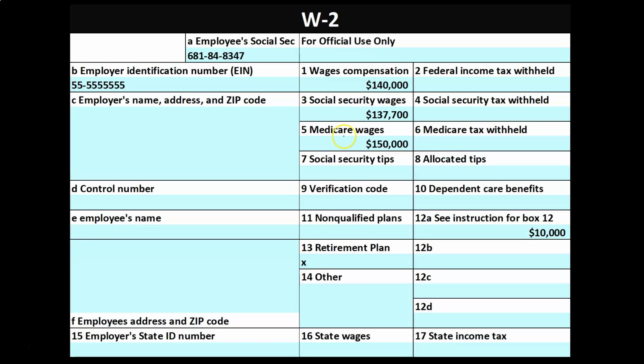Oftentimes people feel bad because they think box 1 is their income and that it's lower than it should be. But that's not reflecting their total income, because they may have put a lot of money into a 401k plan, which is really income. It's just not being reported in box 1 because it's not taxable income.